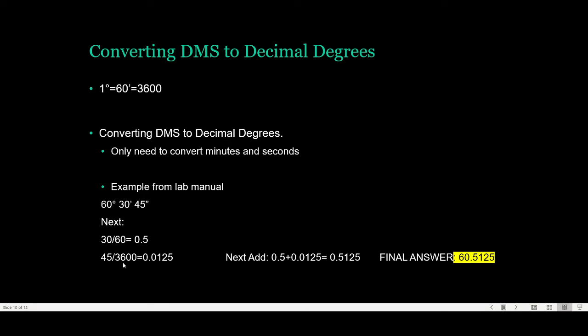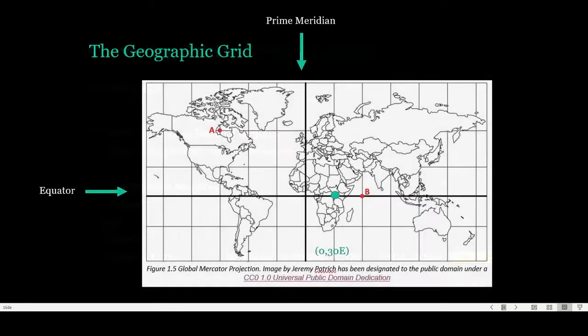So 45 divided by 3,600 equals 0.0125. And next, we are going to add 0.5 plus 0.0125, which will give us the answer of 0.5125. And we are going to keep 60 the same, and we're just going to put the 0.5125 right after it. And that will be your final answer. So that's how you will solve that problem in your quiz.